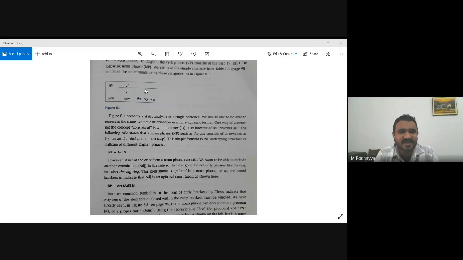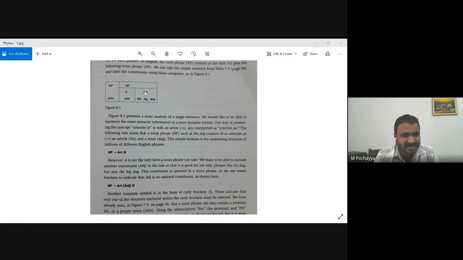This is the example I am discussing. Could you find my cursor? Yes, sir. John saw the big dog. So here John is a noun phrase and saw the big dog is a verb phrase. Under this verb phrase, we separated saw as a verb and the remaining part as a noun phrase.